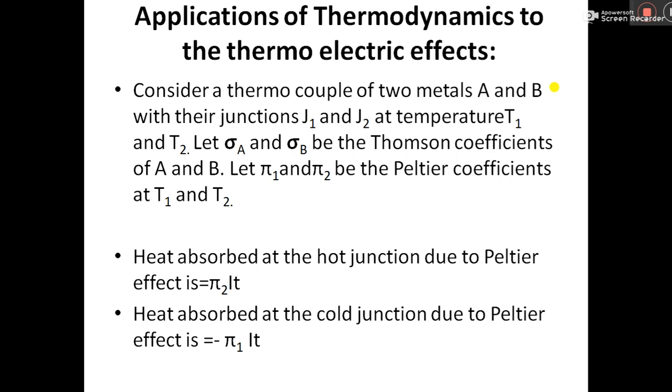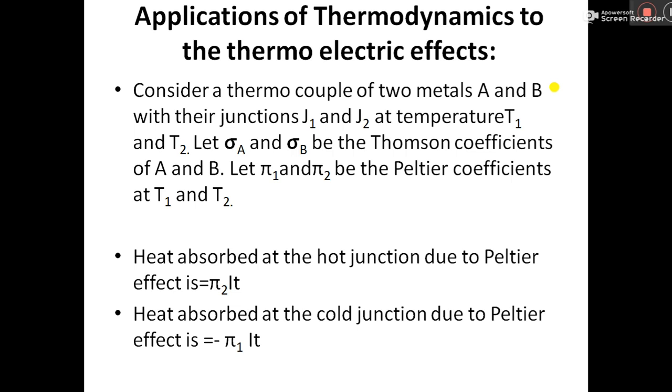Here, considering a thermocouple of two metals A and B with their junctions J1 and J2 at temperature T1 and T2, let sigma A and sigma B be the Thomson coefficients of A and B. Let pi 1 and pi 2 be the Peltier coefficients at T1 and T2.